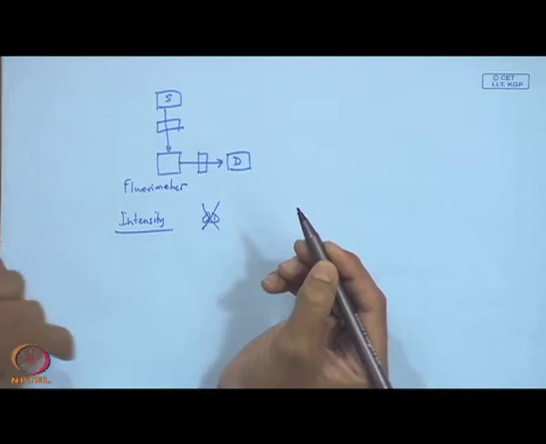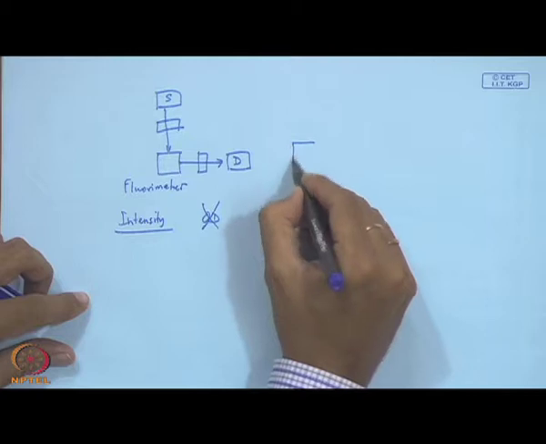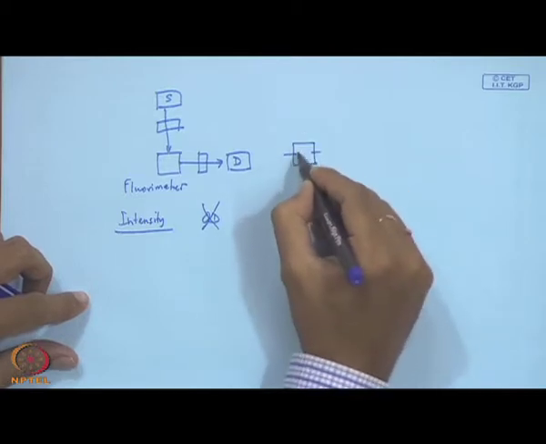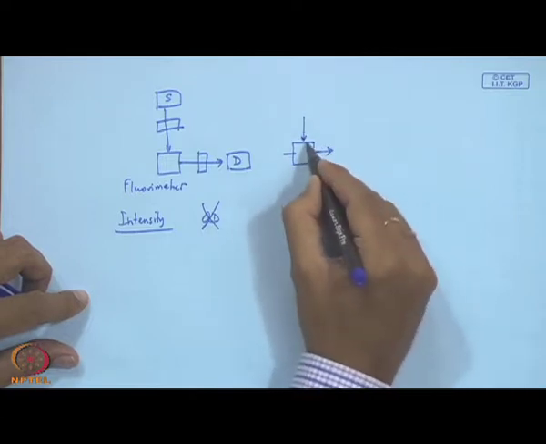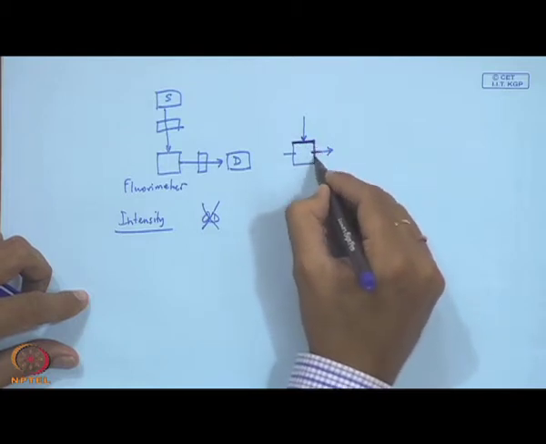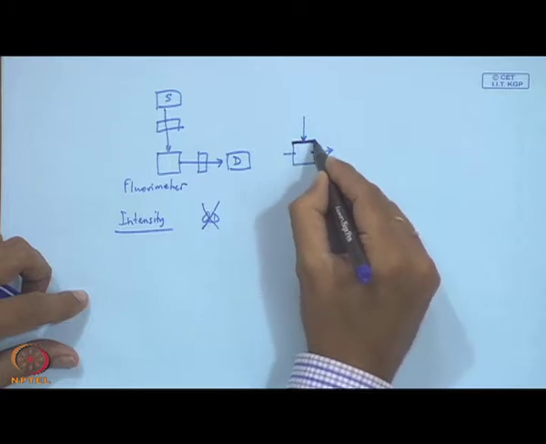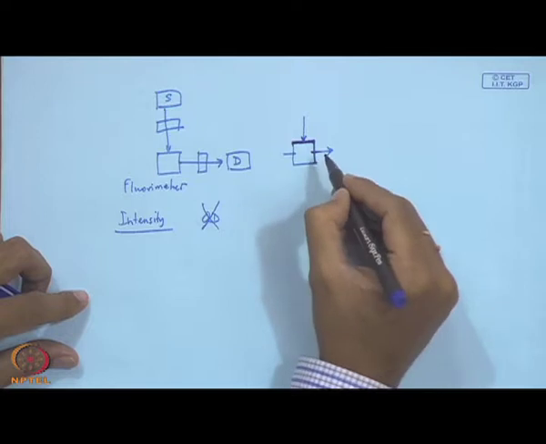Of course, in this case your fluorescence cuvette will be transparent on all four windows, because excitation comes this way and you have to collect this way. So this window has to be transparent and this window will also have to be transparent. Therefore, those two perpendicular windows are transparent, and the same way these two are also transparent.